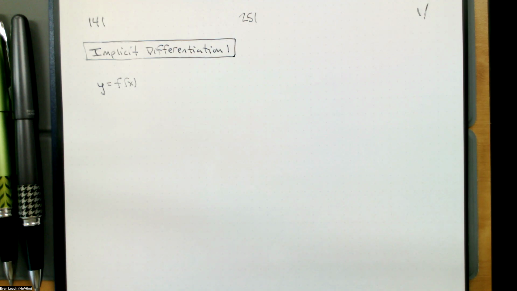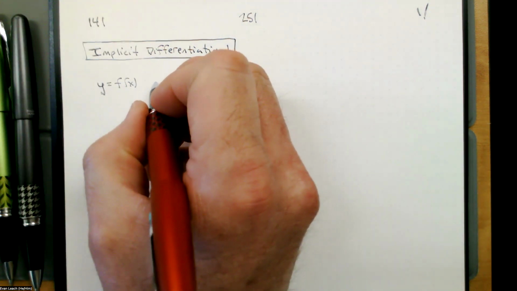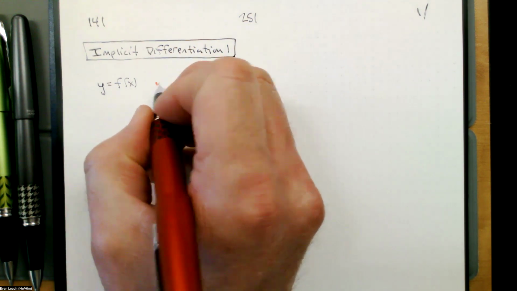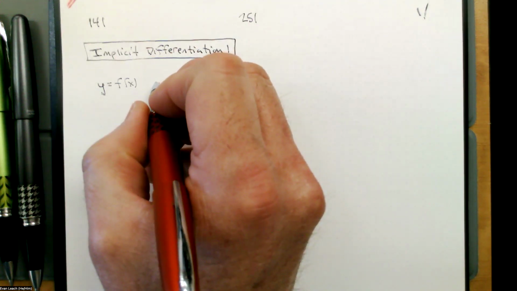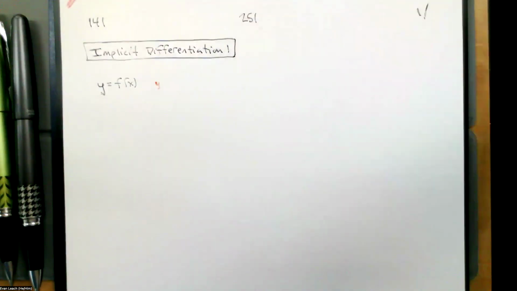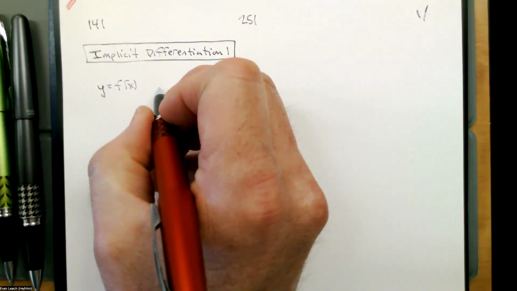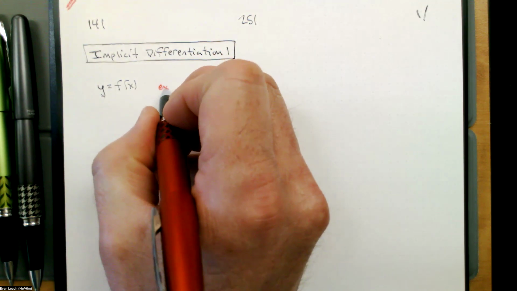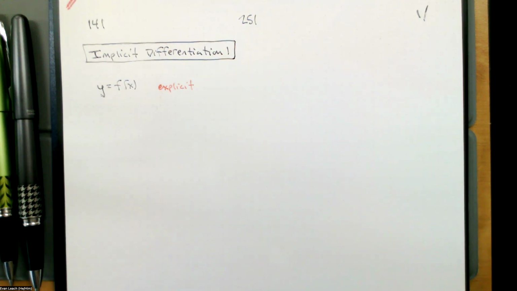So when we are able to write y equals f of x, we're writing y explicitly as a function of x. So here, y is an explicit function of x.